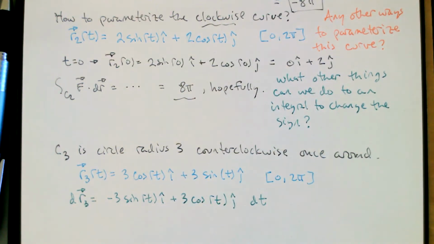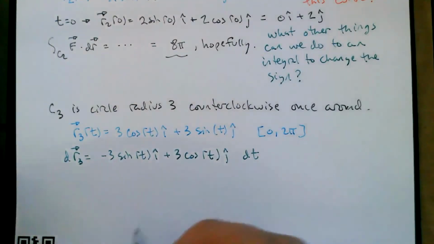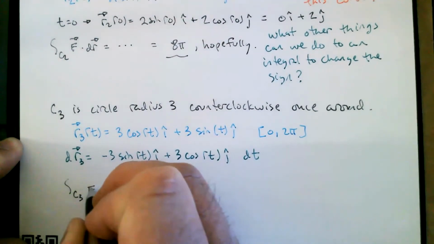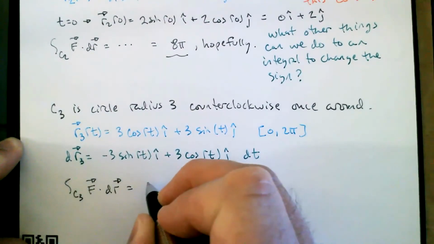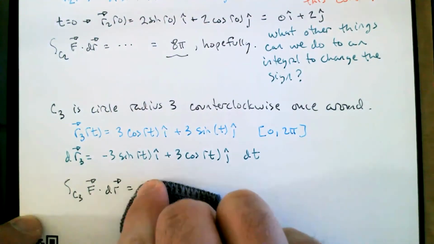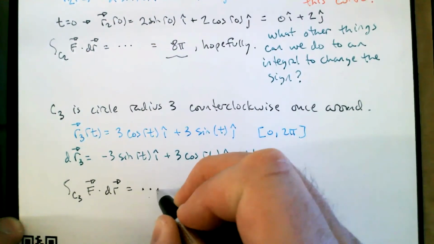In this case, when we find the dot product of f dot dr, f is going to have 3 for coefficients, and the dr3 will have also 3 for coefficients. So just tracking the changes that we had in the previous problem, in our integral around C3 of f dot dr, we should expect all the same things to happen.